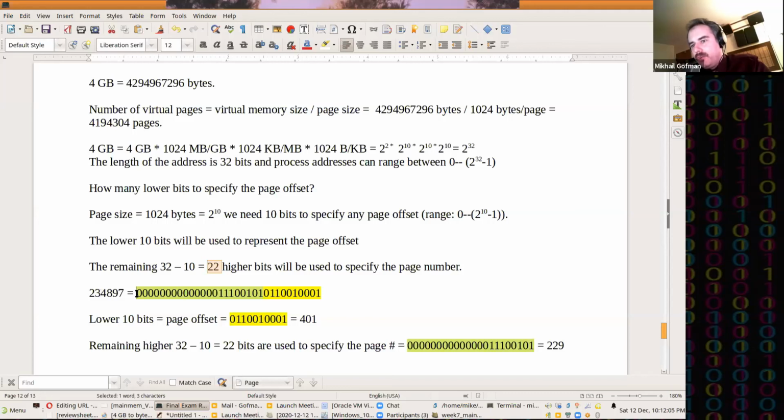The addresses are 32 bits. So if I convert this address into a 32-bit binary number, the 10 lower bits represent the page offset. I take the 10 lower bits, and whatever that binary number represents, that's my page offset. Then I take the remaining higher bits, and whatever that binary number represents, that's the page number. Okay? Make sense?